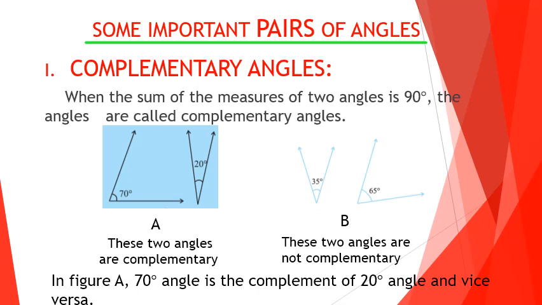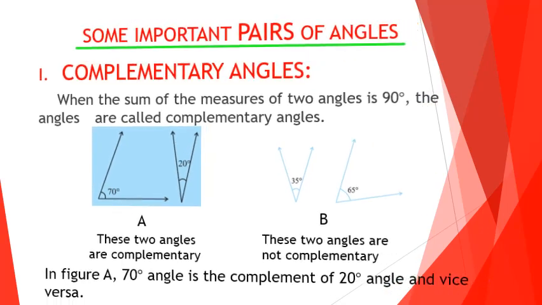Figure A is an example of complementary angles. So we can say that the 70 degree angle is the complement of the 20 degree angle and the 20 degree angle is the complement of 70 degrees.